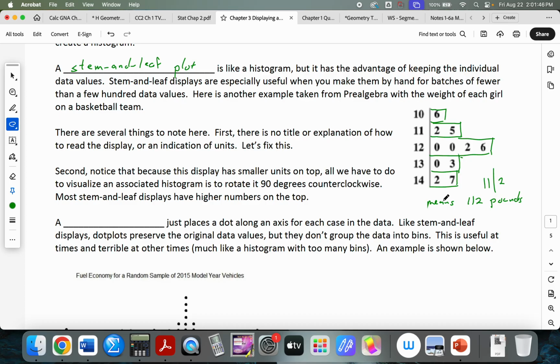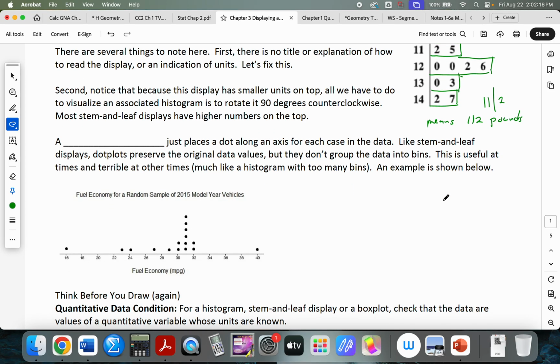One of the things that will be on the AP exam, guaranteed 100%, is that someplace they'll give you something that is either a stem and leaf plot or some other kind of plot, and they'll ask you to analyze how the data is distributed for whatever it is. Okay, and we're going to talk a lot about that on page 2 in just a second.